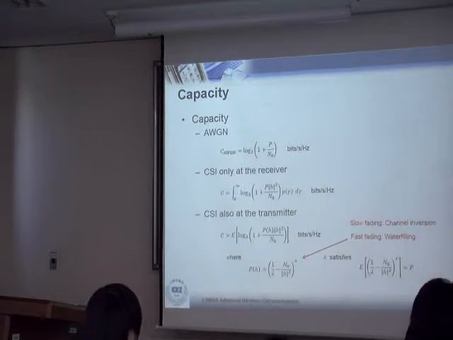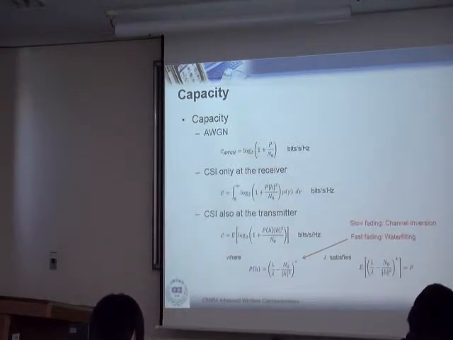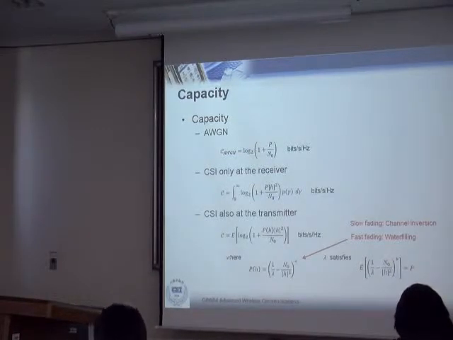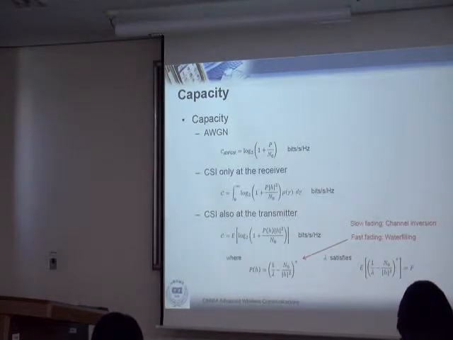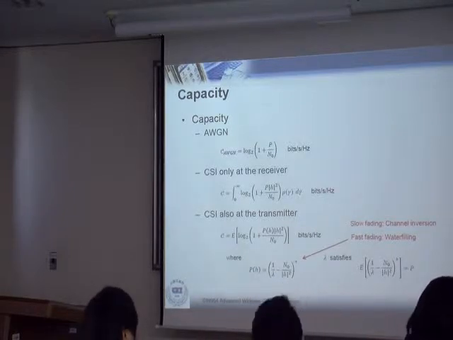But in this case, if the transmitter knows H, then this guy may want to change its transmitted power, right? Assign a different power. So now let's assign different power. Like this, right? So what I'm doing is called the channel inversion.